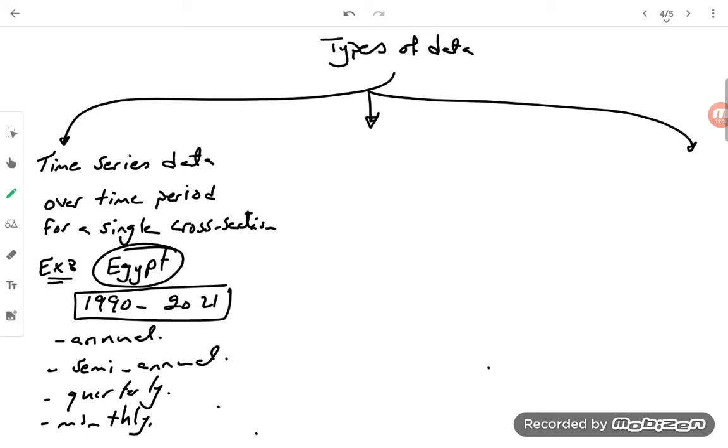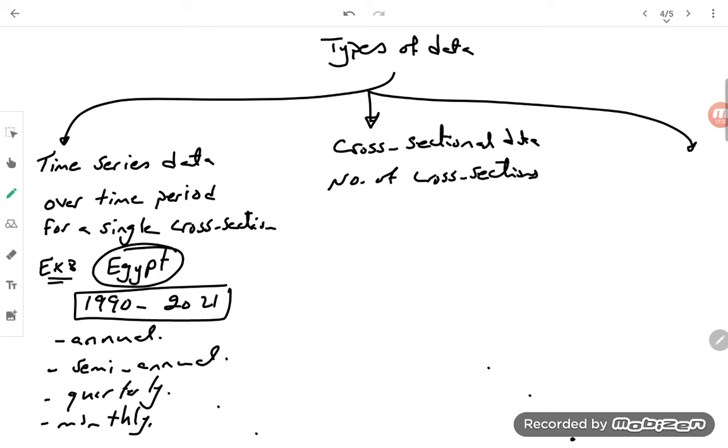The second main type is the cross-sectional data. This means that we are going to collect data for a number of cross sections at a certain point of time.